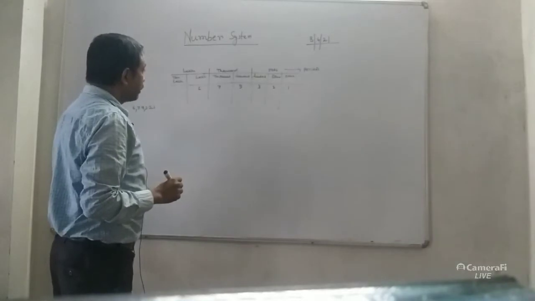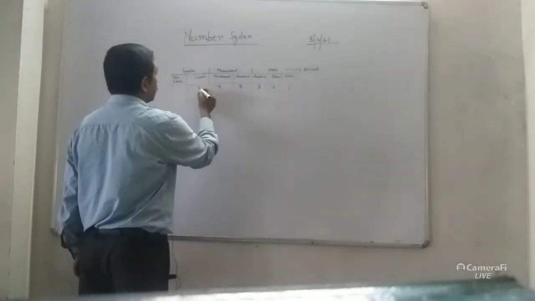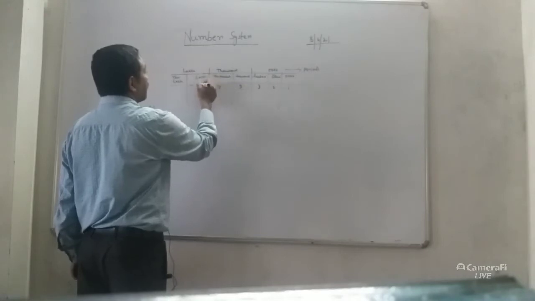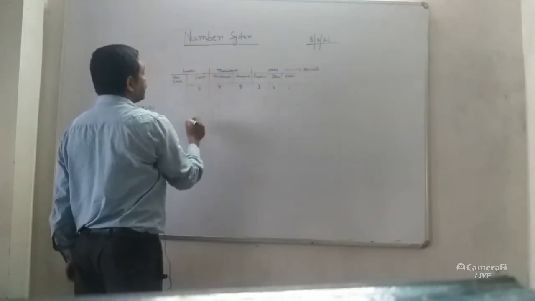How do you write it in words? Now look at 67. Because it comes in the lakh period, you can write 6 lakh.